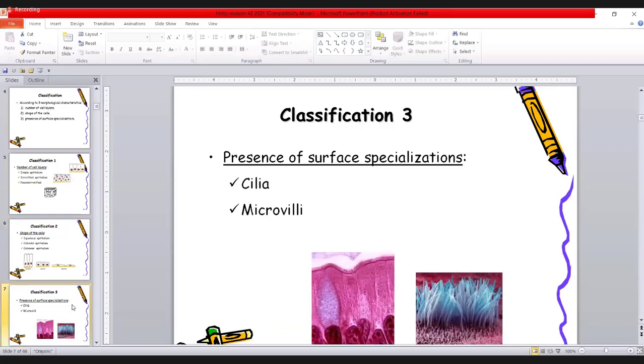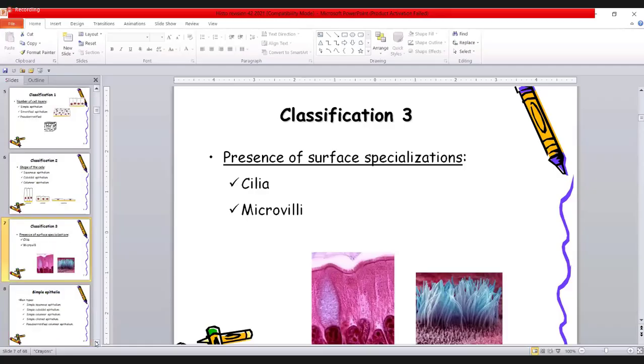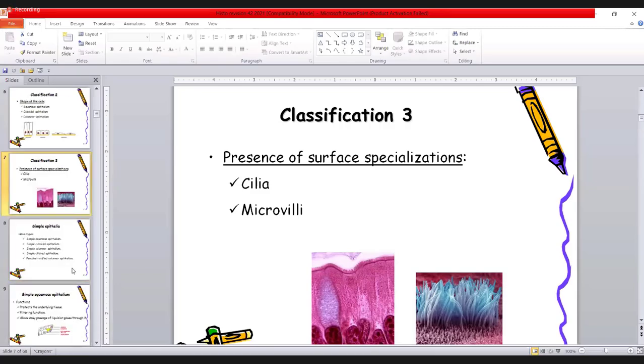Classification number 3 is presence of surface specialization on the surface of the epithelia. Depending on the surface specialization, you could go and describe even more than that. For example, whether cilia are present or sometimes microvilli are present. So that's basically the classification of epithelia. And then, what are the types of simple epithelia?